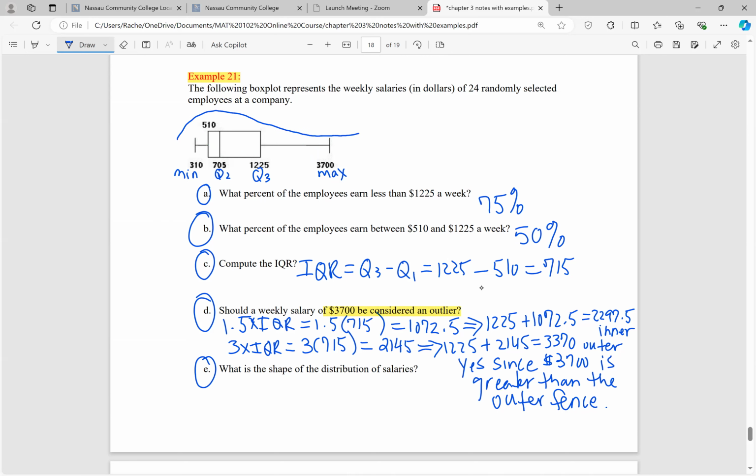And we have this outlier, this 3,700. So I'm feeling like this shape is definitely going to be skewed in the direction of the outlier, which is to the right. So the shape is going to be skewed to the right. And we see that too because of that longer whisker on the right-hand side. That's what I was talking about before, when we have one whisker that's noticeably longer than the other.